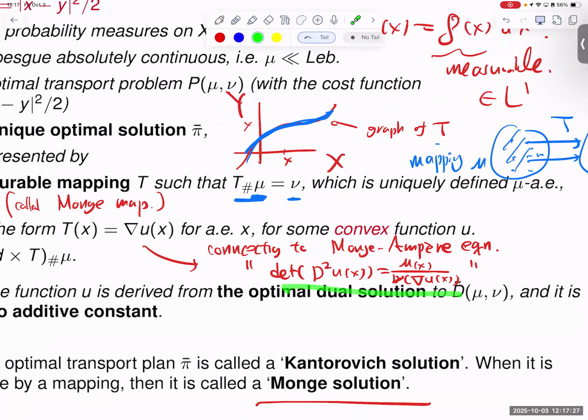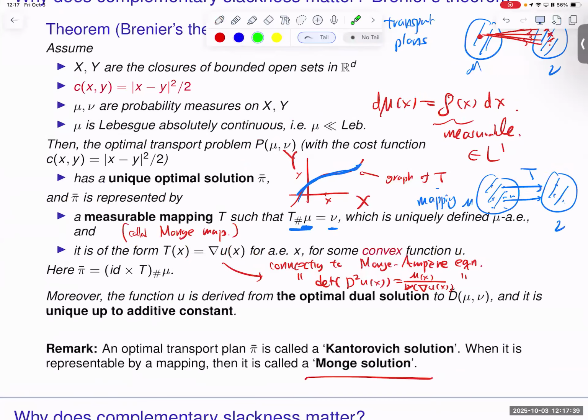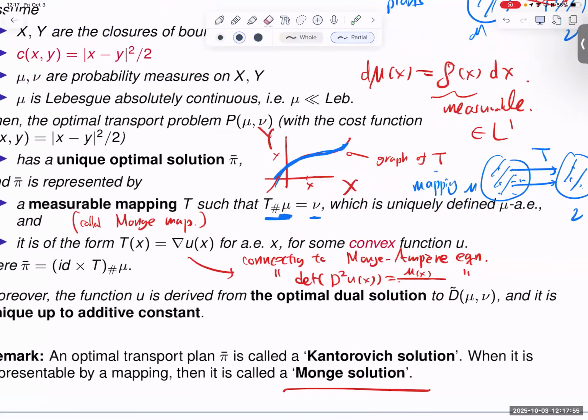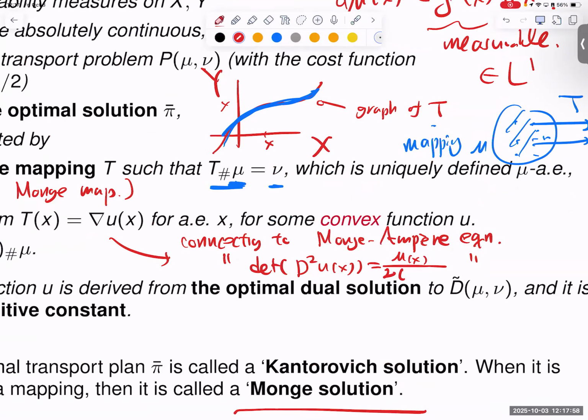So this is a highly non-trivial partial differential equation. You have a Hessian, but a determinant. So they call it not just nonlinear, but fully nonlinear PDE. So Brenier's theorem connects this interesting optimal transport problem to this very interesting partial differential equation, the Monge-Ampère equation. Maybe let me write it again: nu of gradient u(x). Just view mu and nu as having densities, with the same notation, mu and nu.